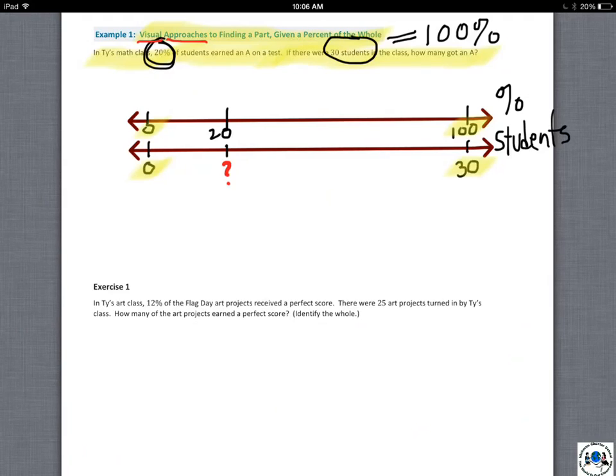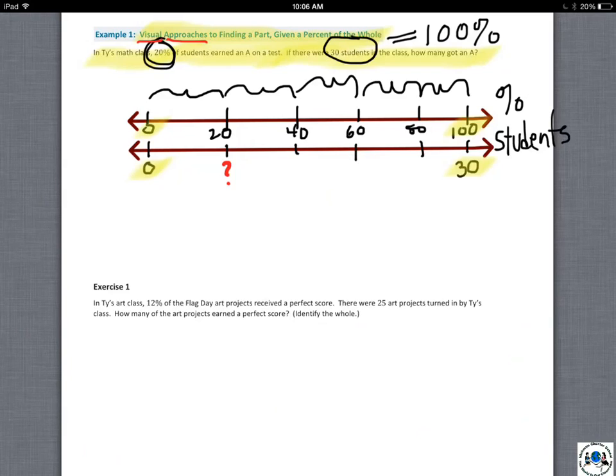So we're trying to find that unknown right there, the red question mark here. What number of students corresponds to 20% of the class? What I can notice right away, and I'm always looking for relationships like this, with 100 it's pretty easy to do. We can actually split this up.